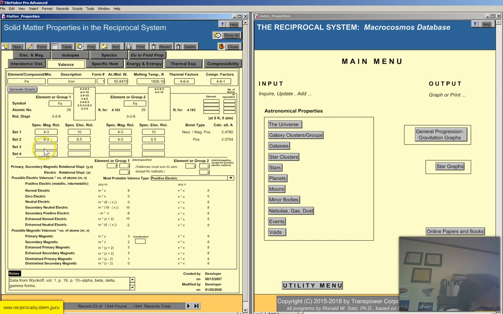Now we can have different sets of possibilities, meaning there can be different types of bonds. Now ordinarily with the metallic solid it's going to be a positive bond. So in this case it'll be 4-3 for the magnetic specific rotations and 8.5 for the specific electrical rotations, and the same for all the other atoms.